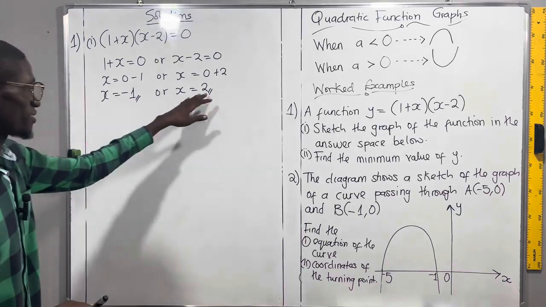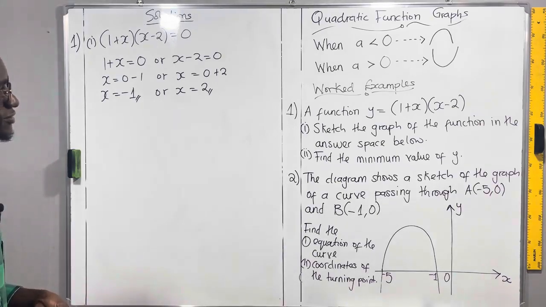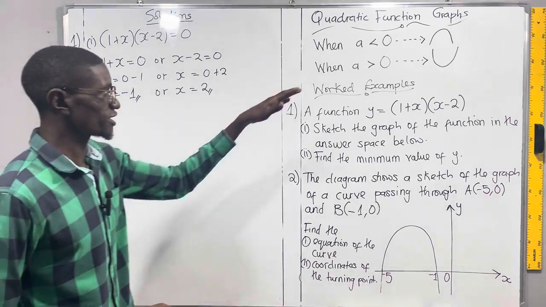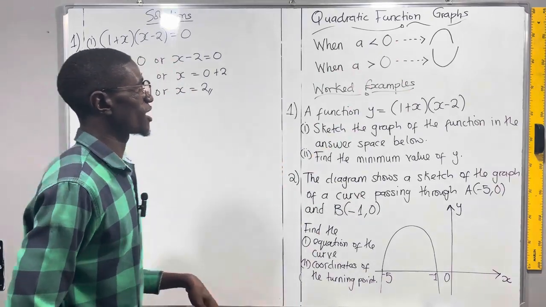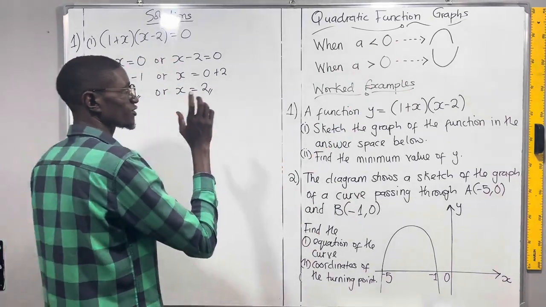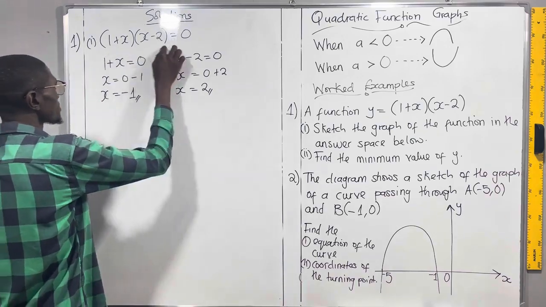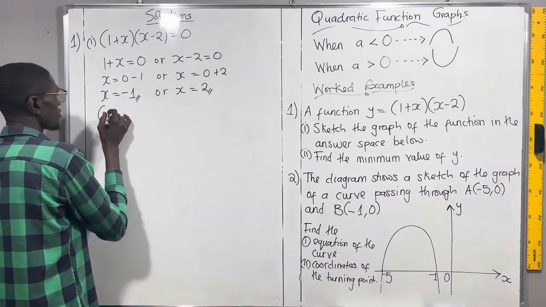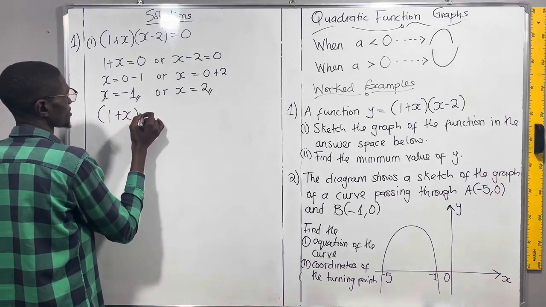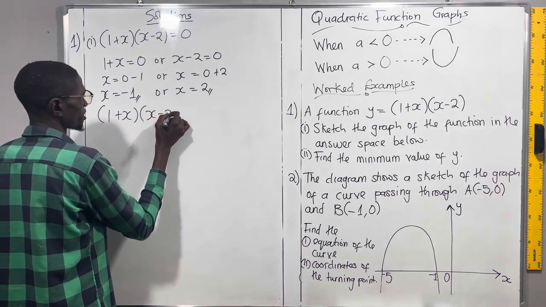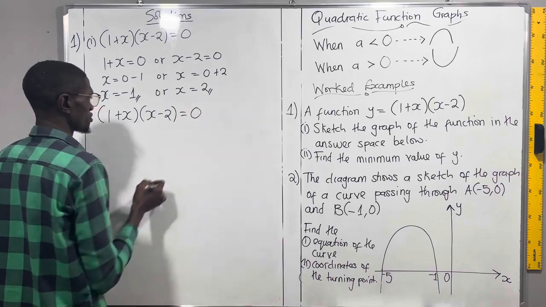Okay, now that we have determined this, let us now determine whether it's going to be a frown or a smile. So in order for us to determine that, we need to come up with the original equation for the graph. So we're going to get this same equation, which is 1 plus x, and then we have x minus 2 is equal to 0.